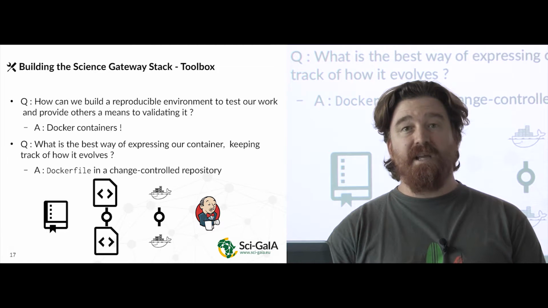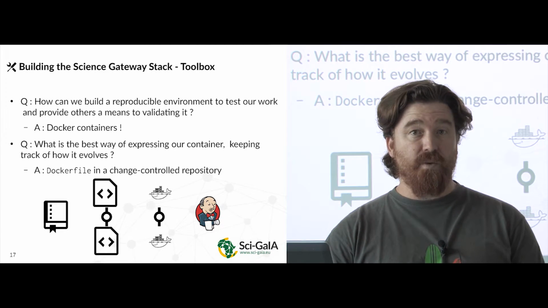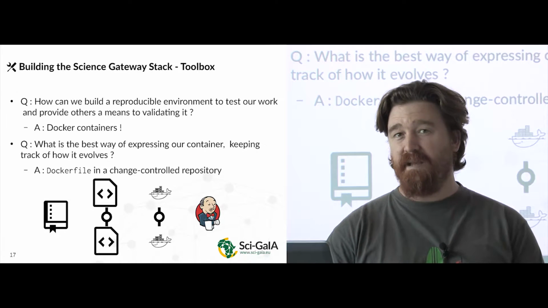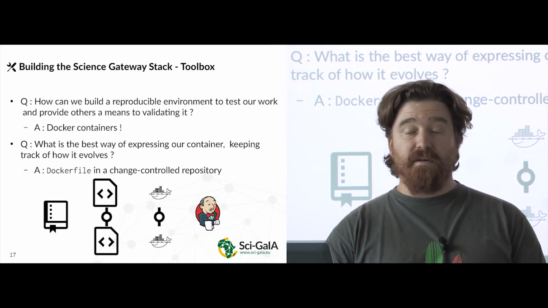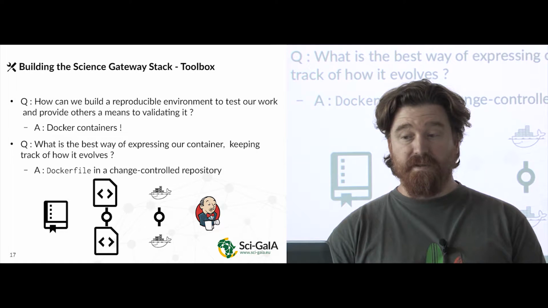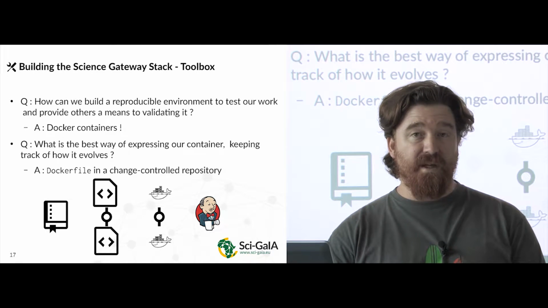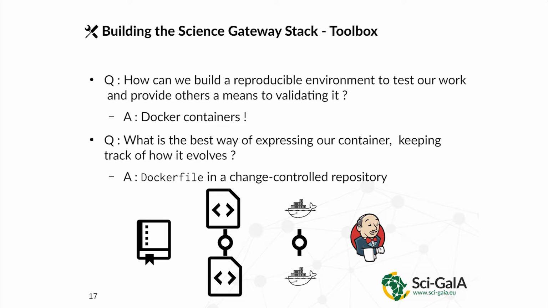And so you need to keep track of how your actual environment evolves, make sure that you're on the right path, and maybe roll back if you make a mistake. And so the answer to that question is, you should express your environment in something that's text-based so that you can keep control over that. And in the case of Docker, the most obvious way to do that is with a Dockerfile.